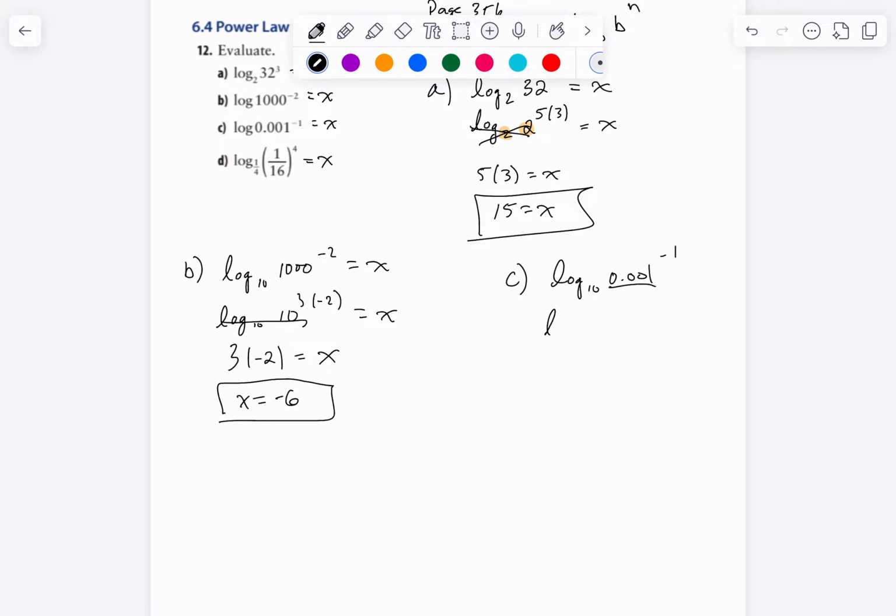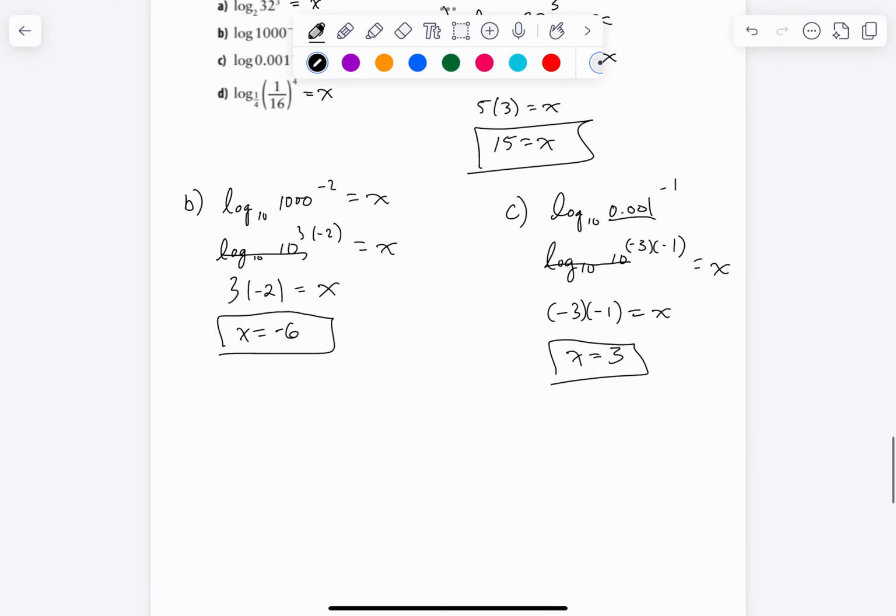So what we're going to do is say log base 10 of 10 to the negative 3 times negative 1. This is going to equal x, right? Okay, and so 10 drops out. You're left with negative 3 times negative 1 is equal to x, and so x is equal to 3.